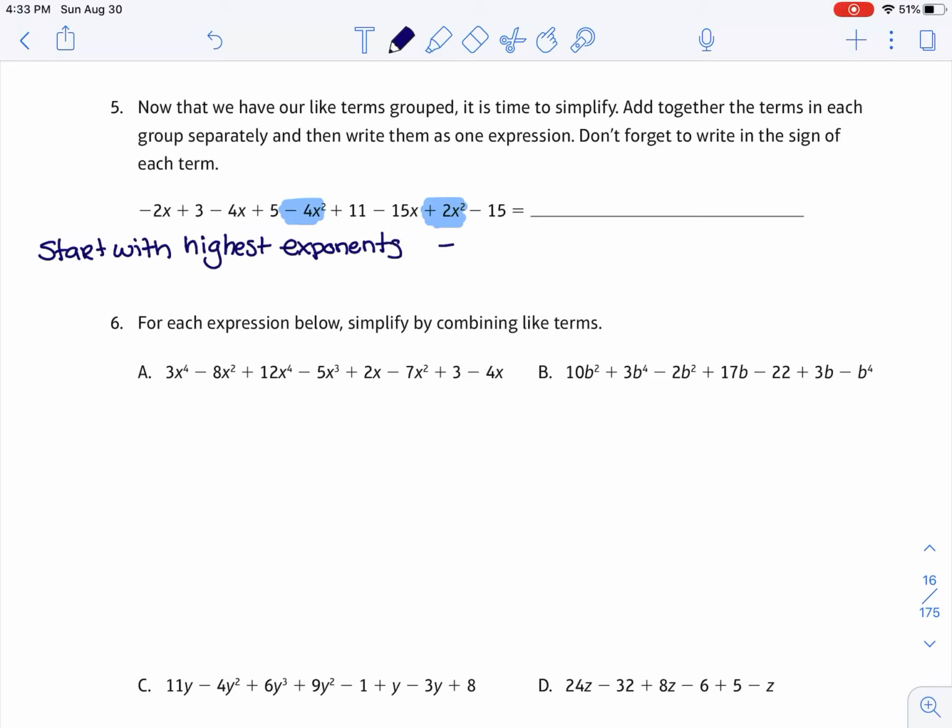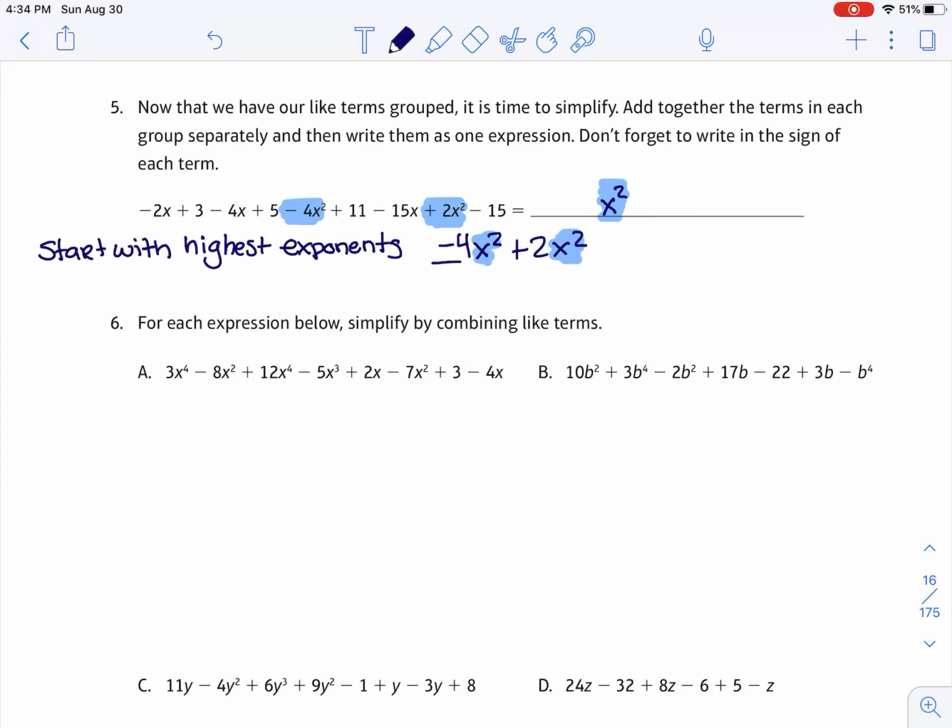And so I need to know what is negative 4x squared plus 2x squared. And the only reason we put these together is because those x squareds are the same. So in my final answer, I should get an x squared.